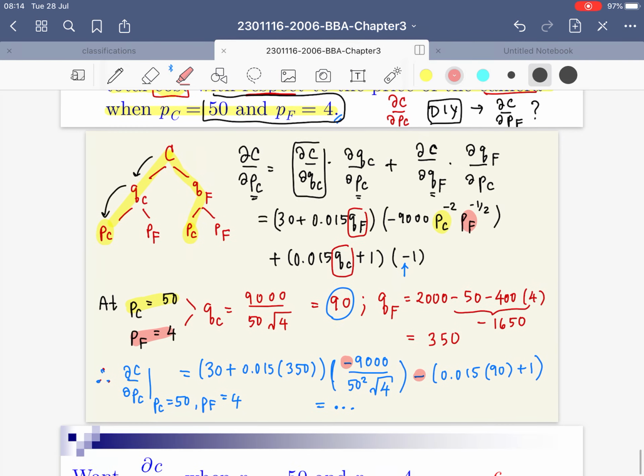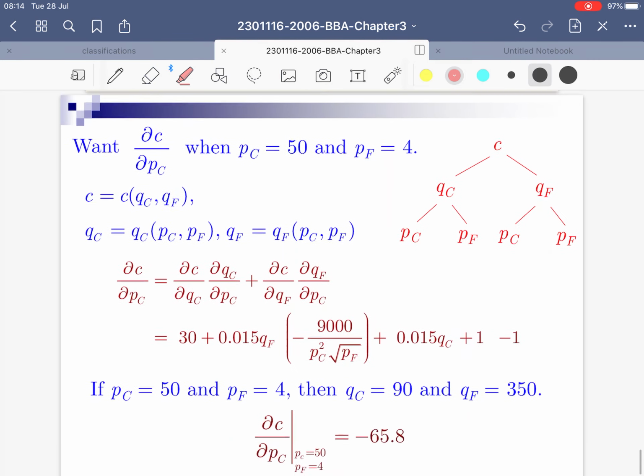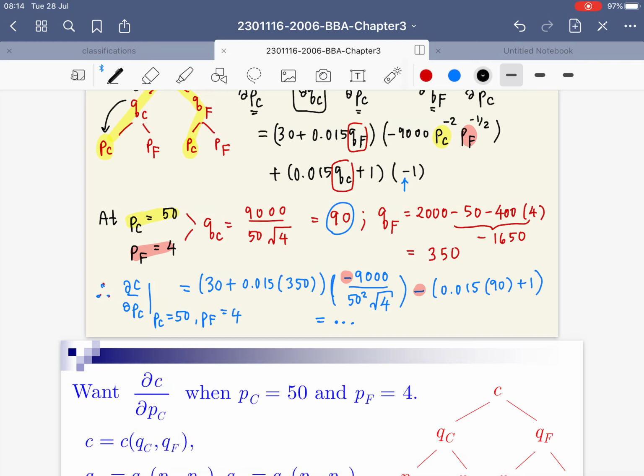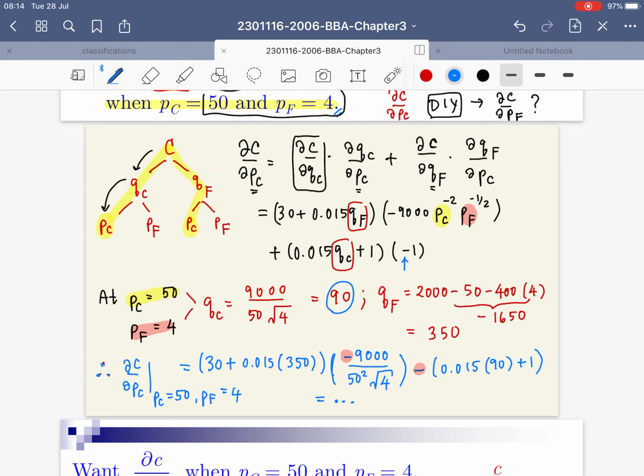So let's see what is that number. Okay, the number is negative 65.8. Okay, it is negative 65.8. Dollars per unit. Sorry, it is actually dollars per dollar, so it has no units.